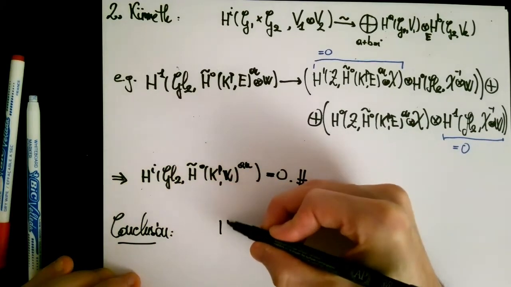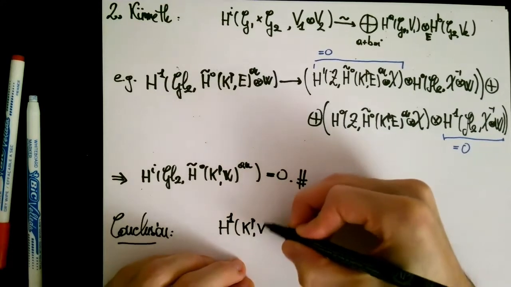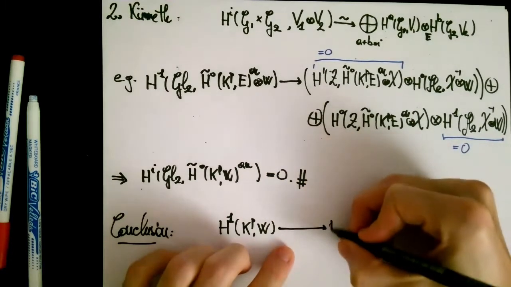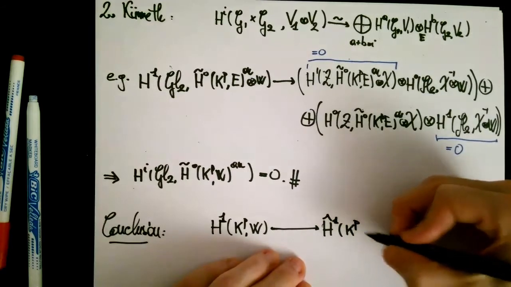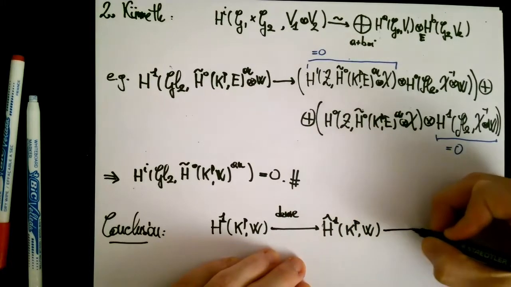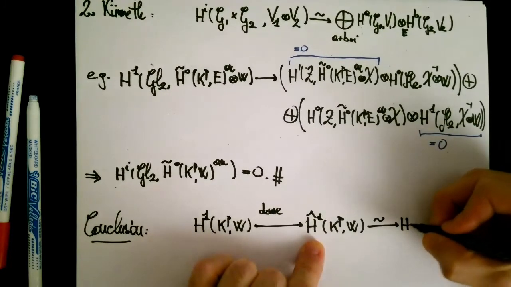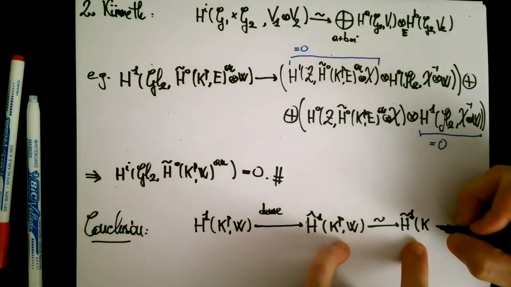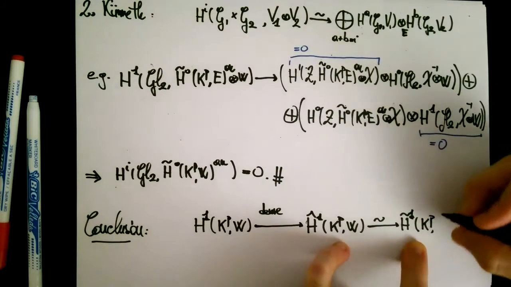We remember that we have this map, so we have H^1 of K^p, W. This has dense image in the H hat 1 of K^p, W. Remember that in our specific case, the H hat 1 is the H tilde 1, because the Tate module doesn't have torsion in low degree, and because our curve is compact.